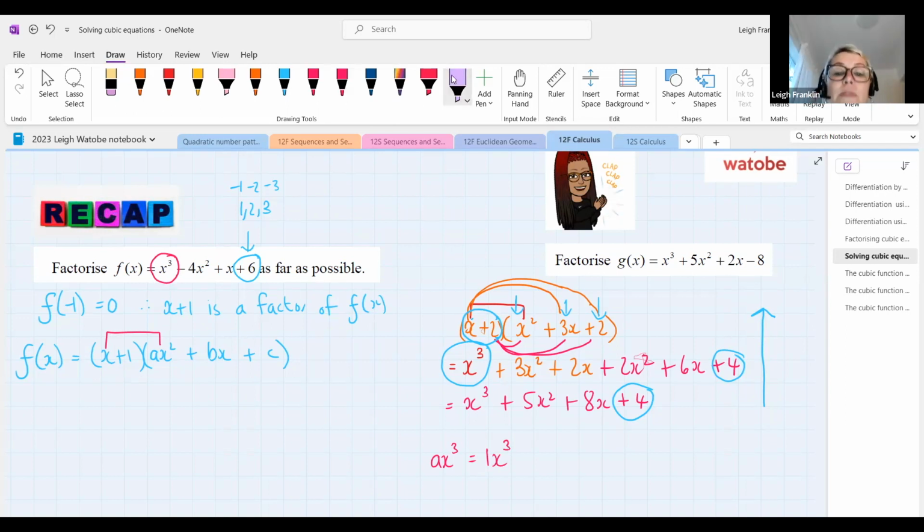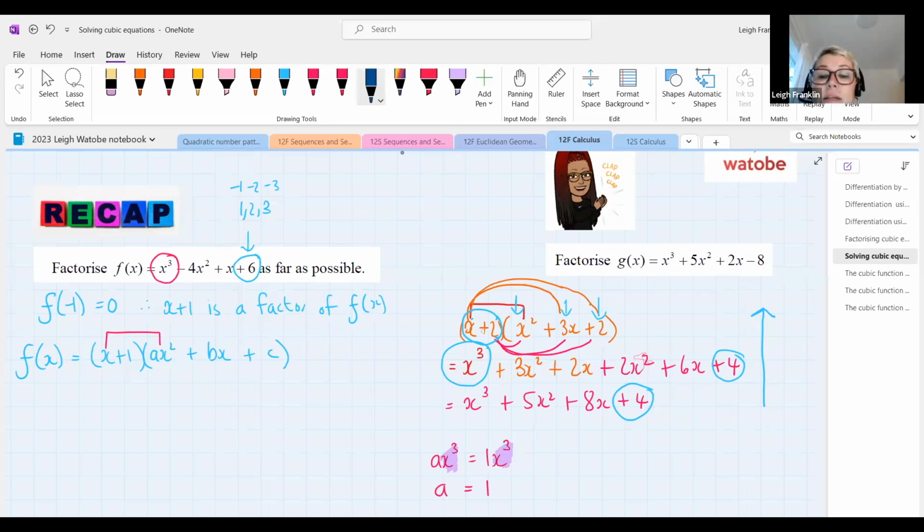So what we have done is we have equated the variables. We've got an x cubed on both sides. So what we're now allowed to do is say, well, if we've got an ax cubed on the left and a 1x cubed on the right, then it means that a has to be equal to 1. Okay, so we've worked out what a is.